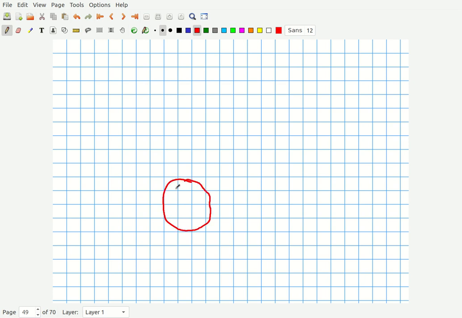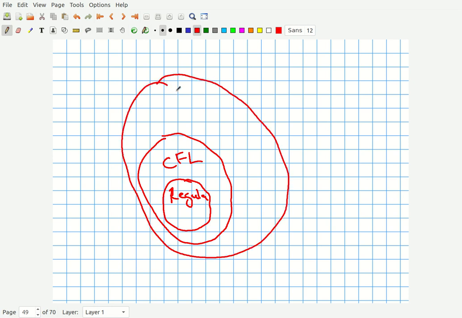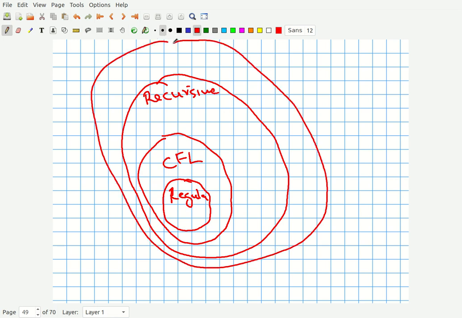Remember, we had regular languages, right? And then we had context-free languages, CFL. And then we had recursive languages, right? And we knew that recursively enumerable languages are larger than recursive languages, but we did not know if there was anything here. Maybe these RE languages are the same as recursive languages.